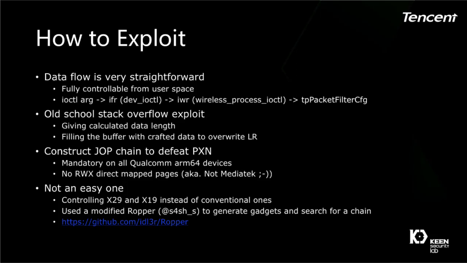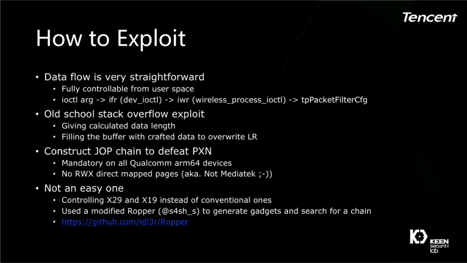But one thing to mention here is that on ARM64 devices, it's quite hard to exploit because you are controlling the X29, X19 registers instead of the conventional ones, usually X0, X1, X2. It would be easier to make a JOP chain to achieve the target of root. So we used a modified, earlier version of Roper.